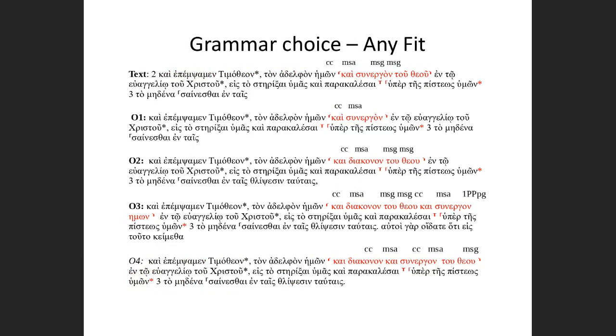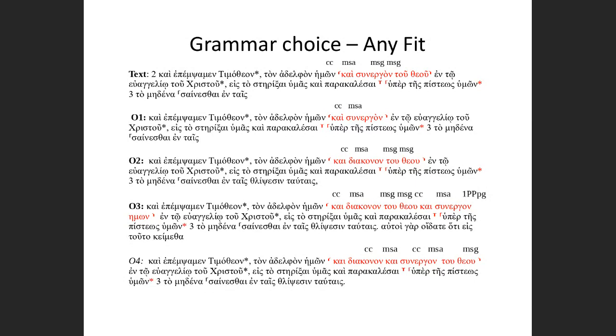So our first question is, does the grammar fit? Well, it does. Kai sunergon tou theou, okay, and co-worker with God. Kai sunergon, MSA, fits again. Kai diakonon tou theou, okay, same MSA, MSG.